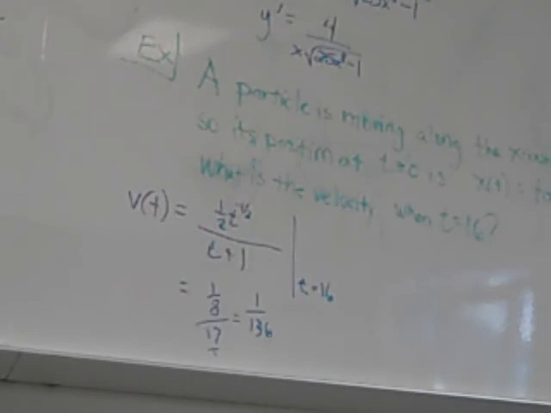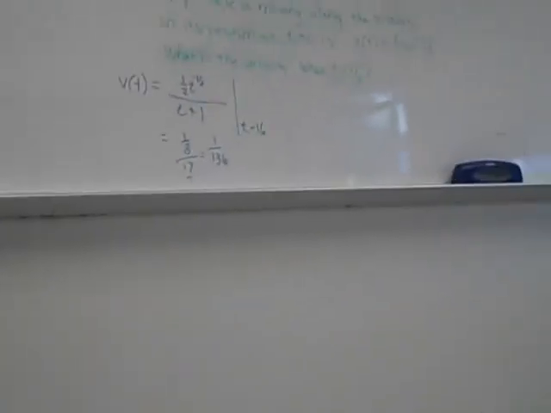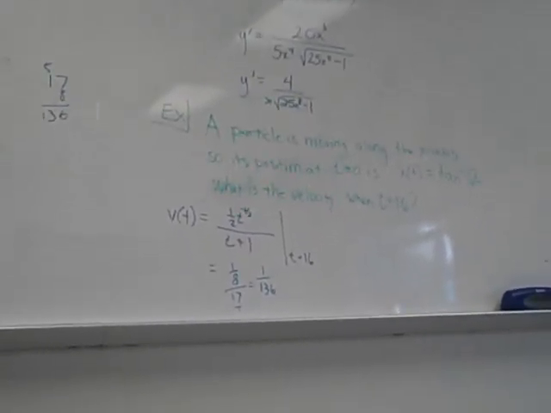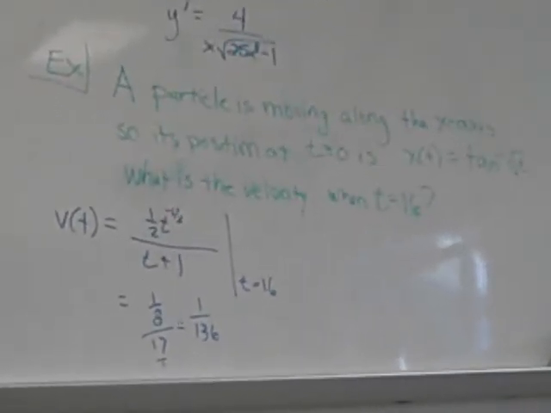Can you just do tan? Oh, is it arctan of 4? Can you do the arctan of 4? That's going to tell you the position. Take the derivative of the arctan, so it'll be just plug in 4. I guess since I don't have to chain on anything, I can do that.